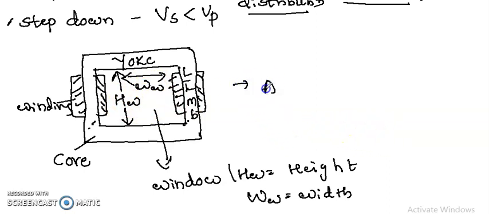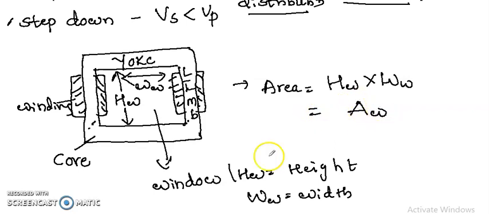How to calculate the area of that window? Area is equal to HW into WW, height into width. That will give the area of the window, AW.